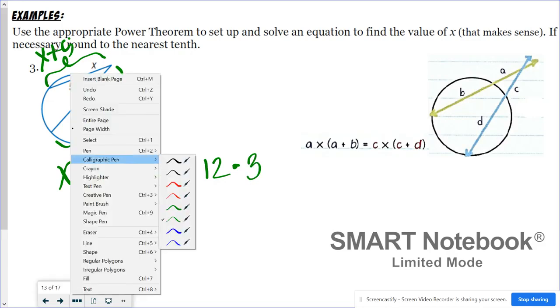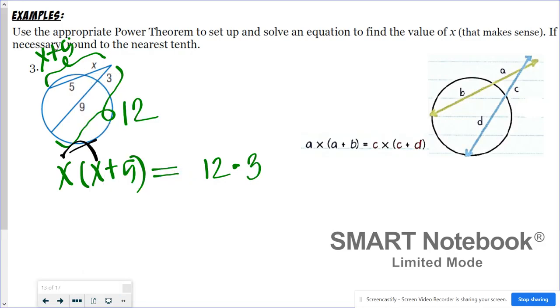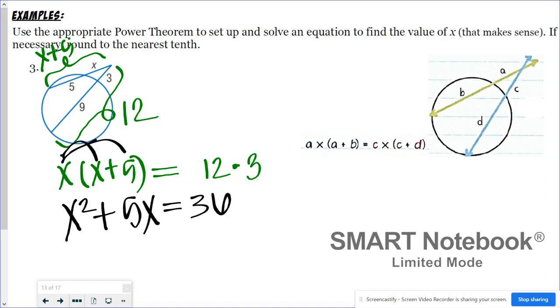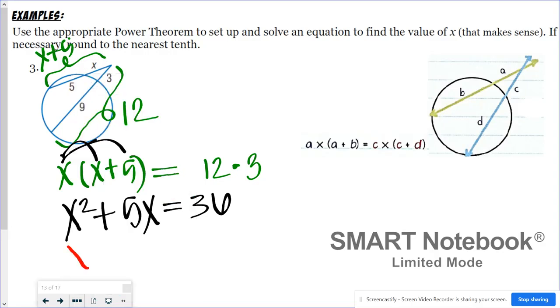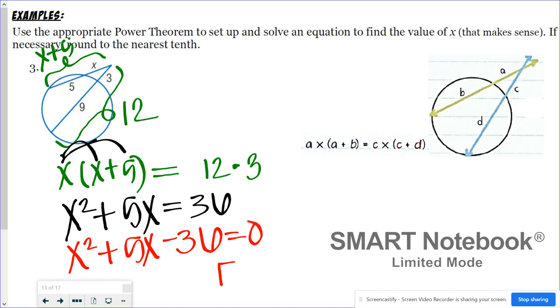So then I got to clean this up a little bit. I'm going to distribute on the left-hand side here, and I get x squared plus 5x, and this is equal to 36. And then since this is a quadratic equation, I have to get it equal to 0. So I'm going to subtract 36 from both sides, and then I'm ready to factor.